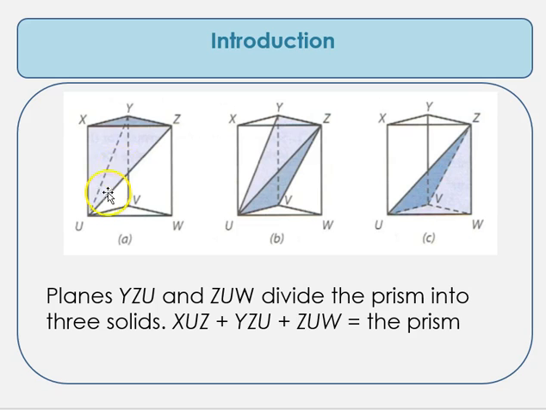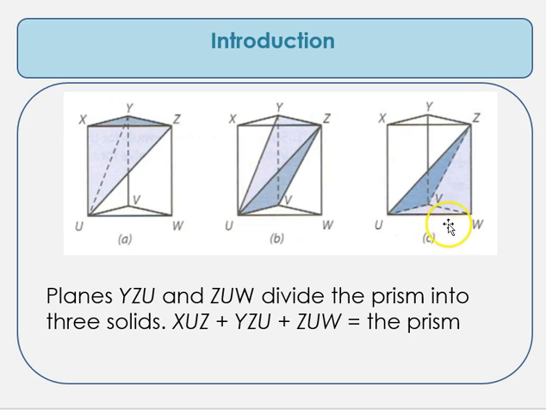If you divide this prism into three separate solids using planes, we have these three solids that add up to the whole prism. So on the left we have XUZ, and then in the middle we have YZU, which is basically this light colored prism right here.